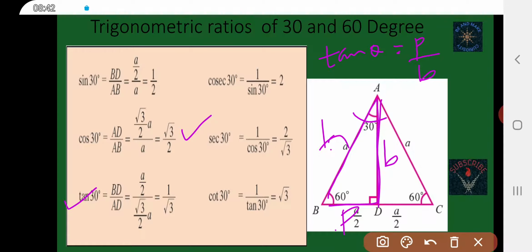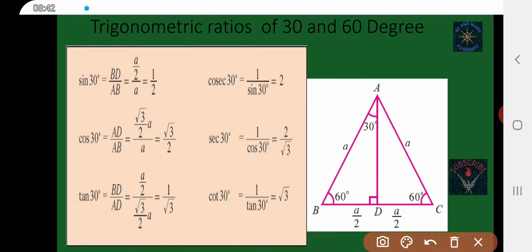Okay, so tan 30 degree is equal to what? P by B. Here P is BD, so BD by AD, B is AD. Okay, then you know that BD is equal to A by 2, by AD, and AD is root 3 by 2A.